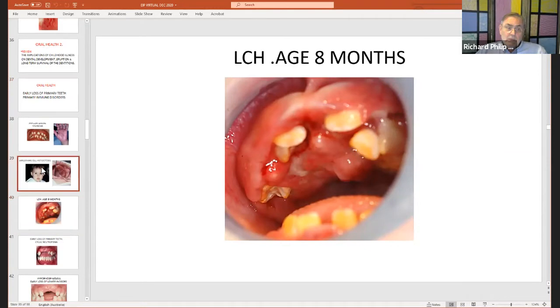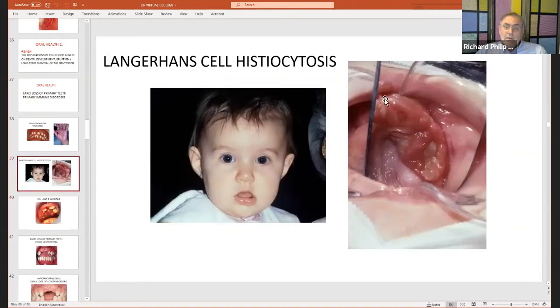Here's a child presenting with Langerhans cell histiocytosis at about 8 months of age. We've seen a number of these over the years. The classic cradle cap, nappy rash, the breaking of the skin behind the ears, and the floating of teeth on the OPG radiograph in a sea of nothingness.